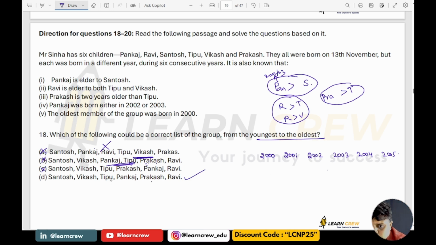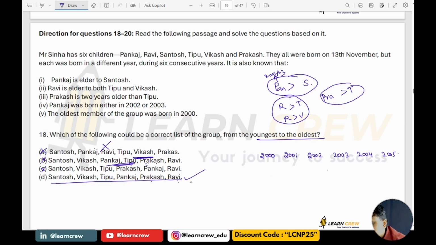Prakash is 2 years older than Tipu, and Ravi is elder to both Tipu and Vikash. The oldest member of the group was born in 2000. So from this, Ravi is the eldest.